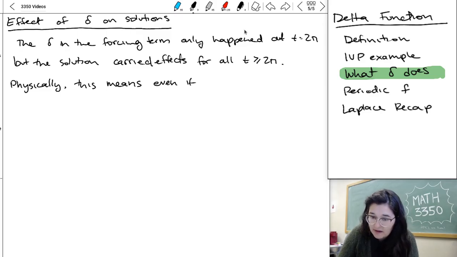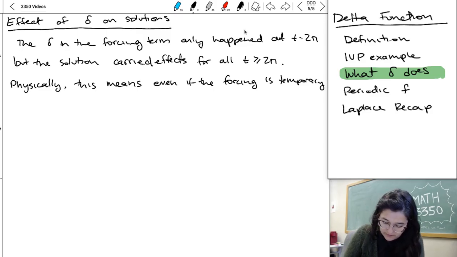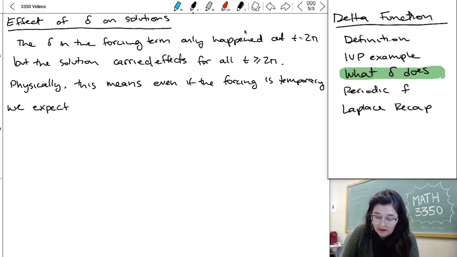This means that even if the forcing is temporary, we expect effects to persist.